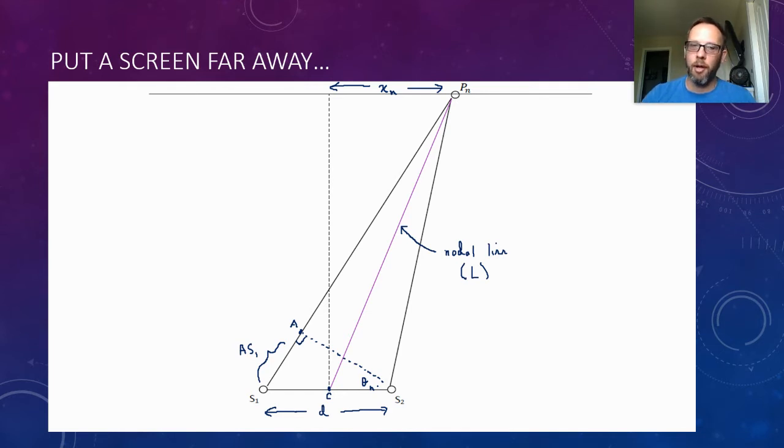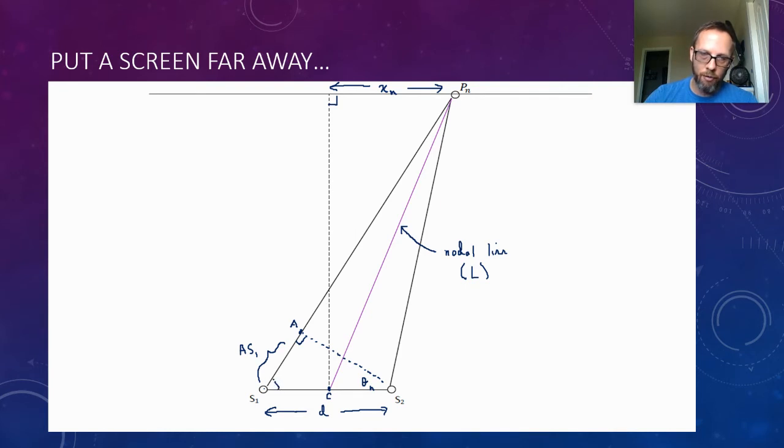And it has to do with similar triangles. So the angle at A is a right angle. The angle up here is obviously a right angle. We have a screen, we have a vertical line. And if you look at the line joining the sources and the screen, those are parallel, right? If you look at the line joining S1 and PN, this angle is the same.